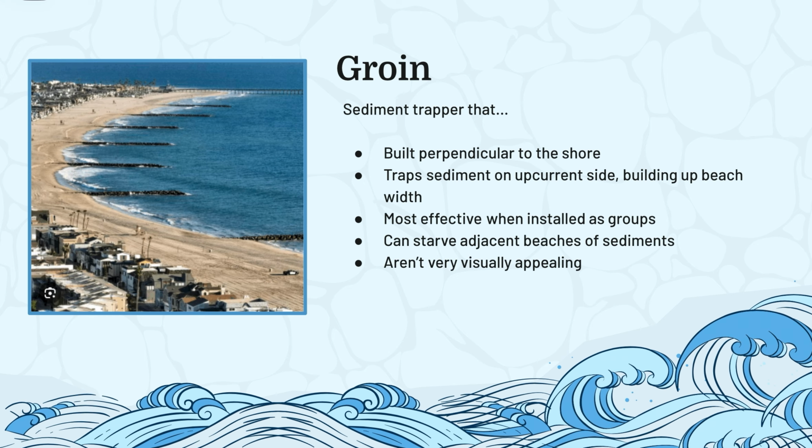We know the waves come in at an angle and retract perpendicular to the water. And so as that happens, the sediment all gets trapped on one side of these. For example, if it's moving down the beach, the sediment's going to get trapped on the right side of these groins.